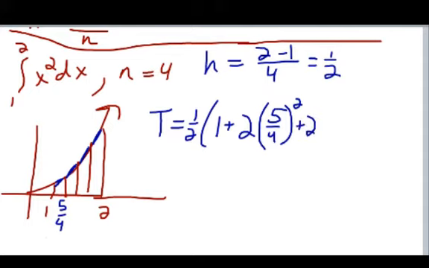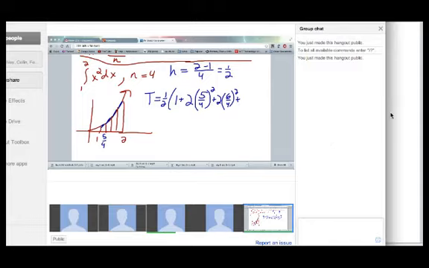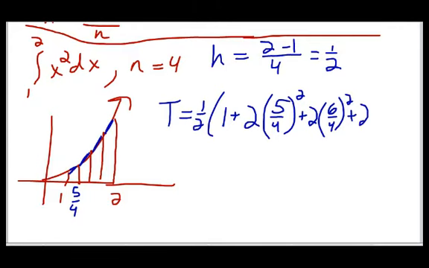Plus 2 times, oh, I'm going to cheat, 6 over 4 squared, plus 2 times 7 over 4 squared, I'm running out of space, plus the endpoint, y sub 4, which is 4.